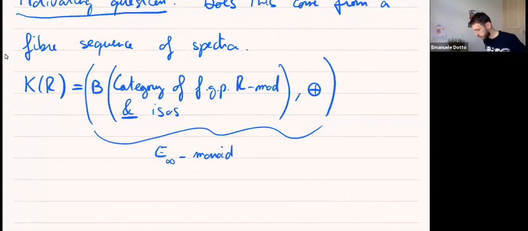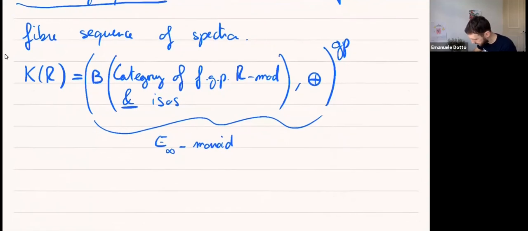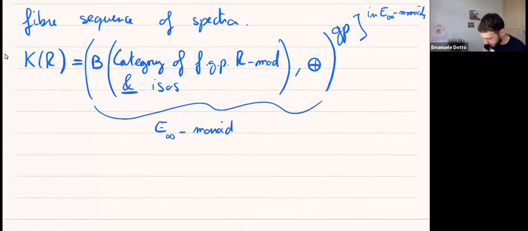So infinity is a fancy version of commutative. Somehow it encodes in a very structured way the fact that the addition of modules is commutative. And in infinity monoids, if you are a bit careful, you can also take the group completion and get an infinity group, or a group-like infinity monoid. And this gives rise to an infinity group, aka a connective spectrum.